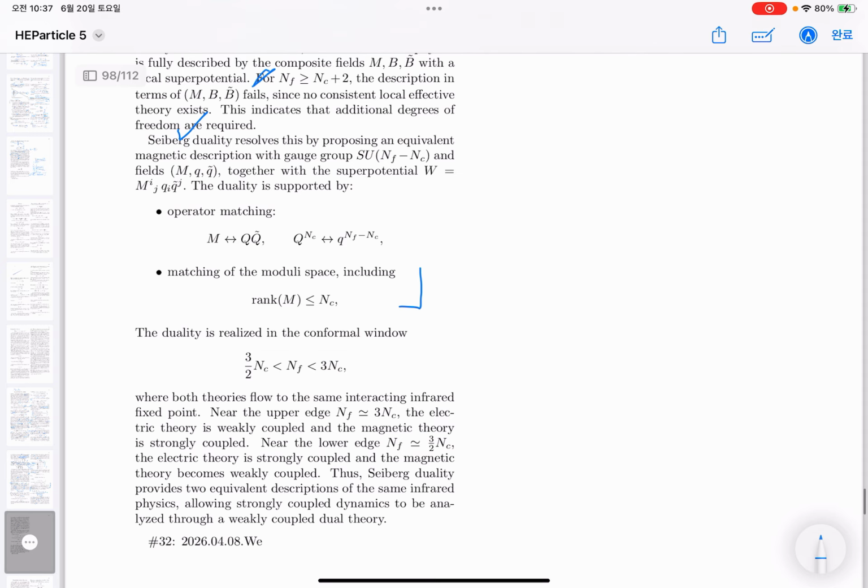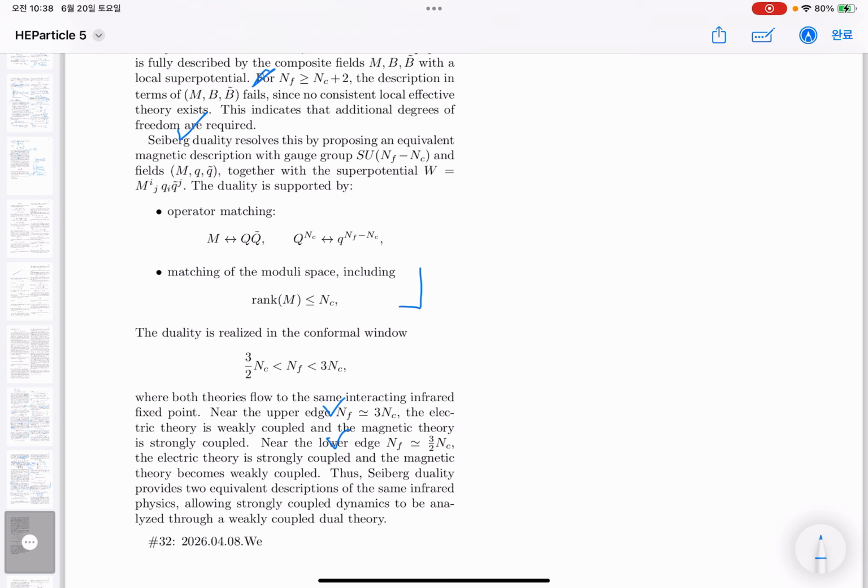And this duality is realized in the conformal window, and depending on N_F, whether it is located at the upper edge or lower edge, the electric or magnetic theory describes the strongly coupled dynamics, and vice versa. So the Seiberg duality can describe the IR theory in such a large enough case.